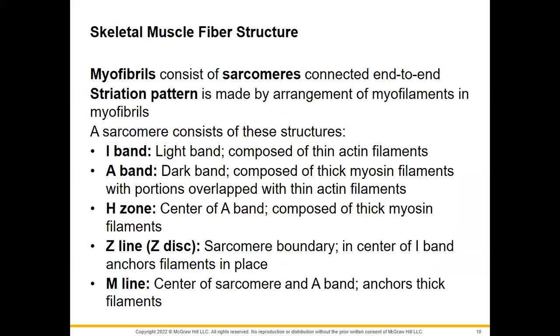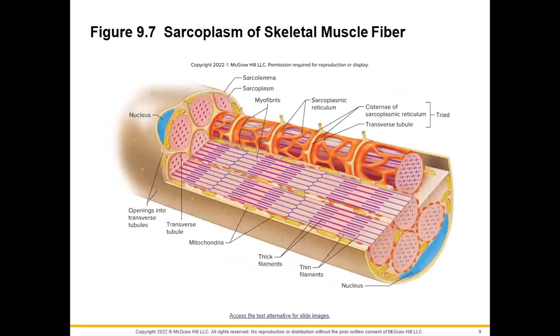Skeletal muscle fiber structure. All right. When we look at the structure of the skeletal muscle, we're looking at the structure of your sarcomeres. Remember, I said that the sarcomere is the smallest contractile unit of a muscle fiber. Looking here, you have your sarcomere.